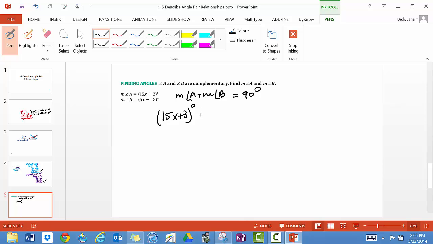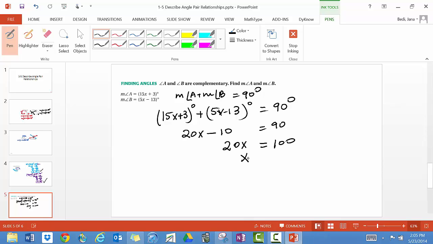So you get 15x plus 3 degrees plus 5x minus 13 degrees equals 90 degrees. Collect like terms, and you get 20x minus 10 equals 90. The degrees cancel out. 20x is equal to 100. X is equal to 5 if you divide both sides by 20.